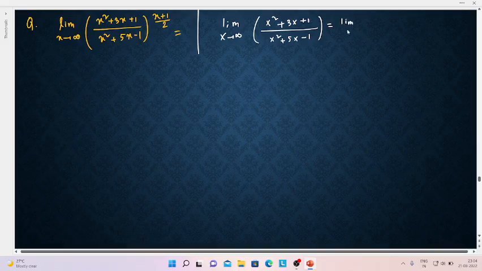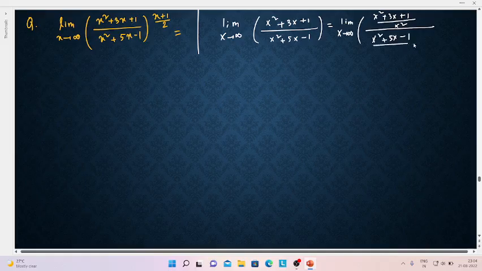So it will become limit x tends to infinity of (x square plus 3x plus 1) over x square, and on the denominator we have (x square plus 5x minus 1) over x square, right? So that is nothing but limit x tends to infinity, right?